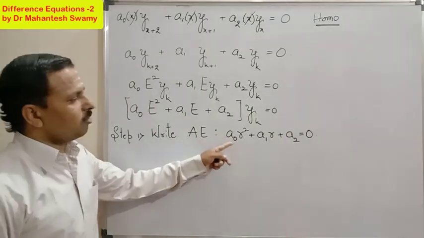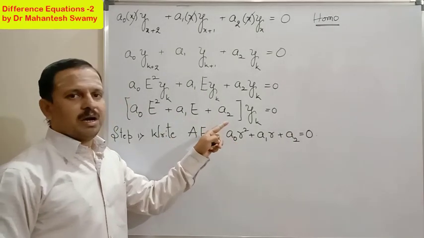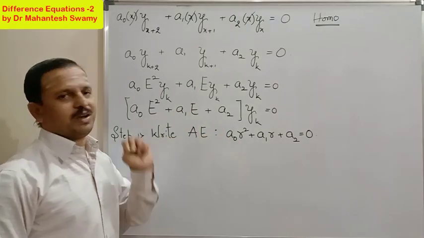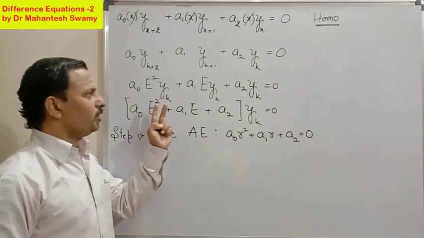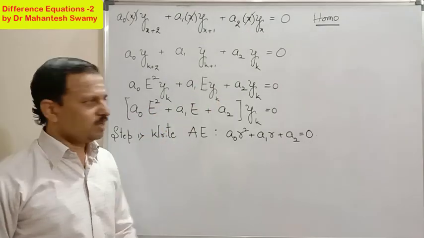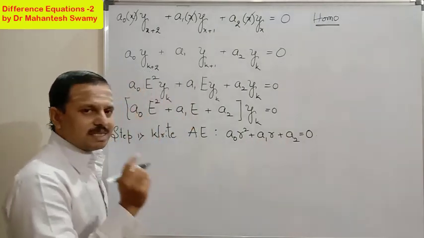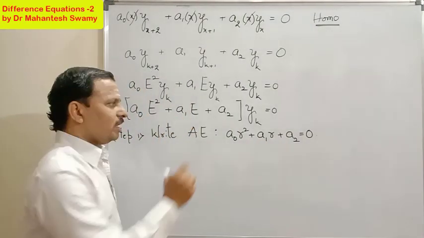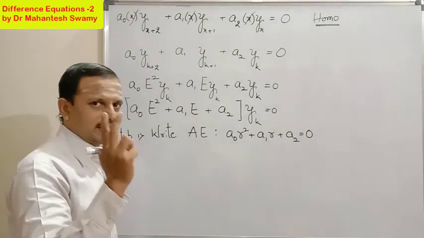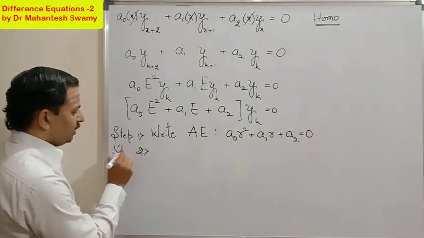This is the auxiliary or characteristic equation of the given difference equation, which is second order, linear, homogeneous, with constant coefficients. It is an algebraic equation, particularly a quadratic equation, that is a second degree equation. We have to solve it in the second step.